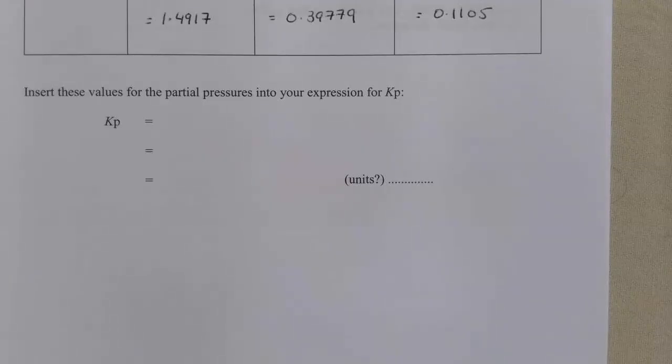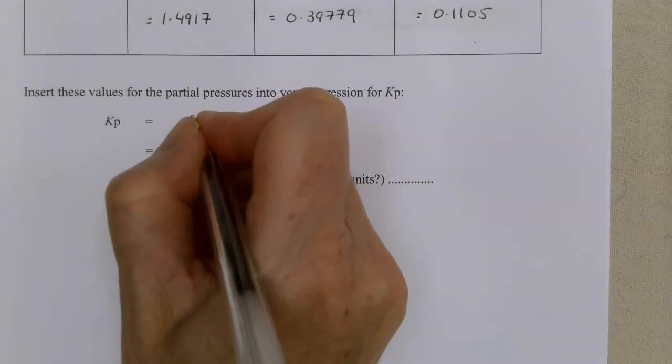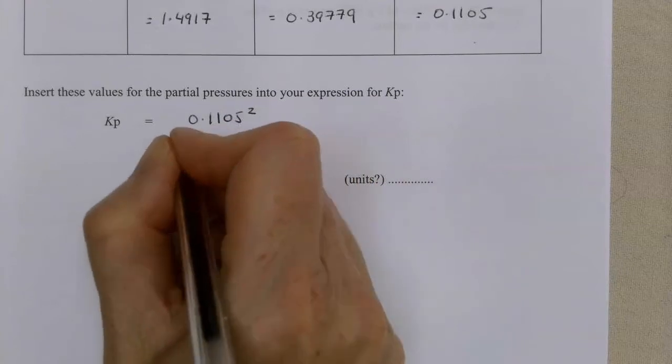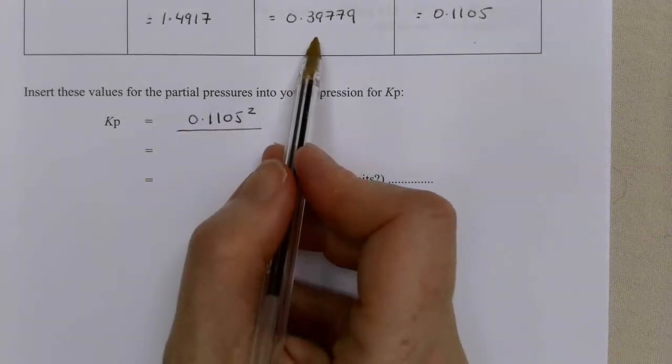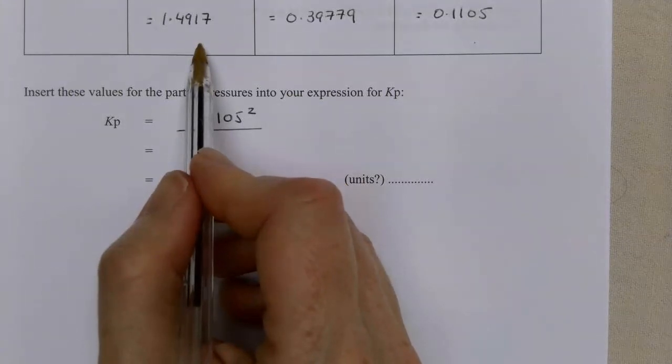And lastly, what I need to do is to put these values into my expression for Kp and to solve it as normal. So I have the partial pressure of the ammonia, and I've got to remember that that is squared, divided by the partial pressure of the hydrogen raised to the power 3 and the partial pressure of the nitrogen raised to the power 1.